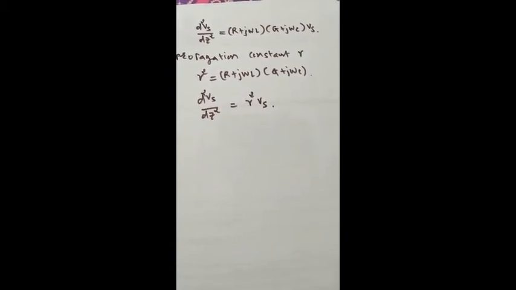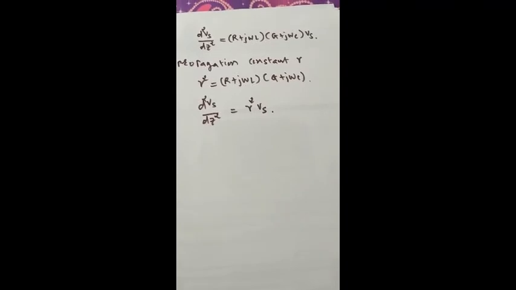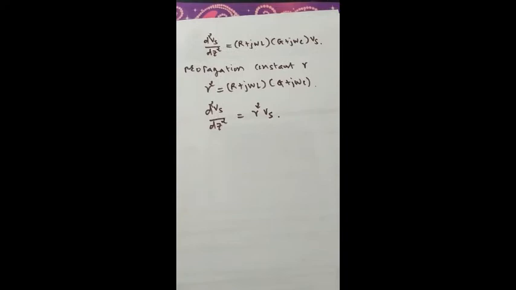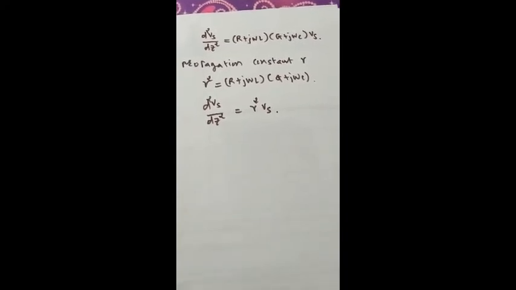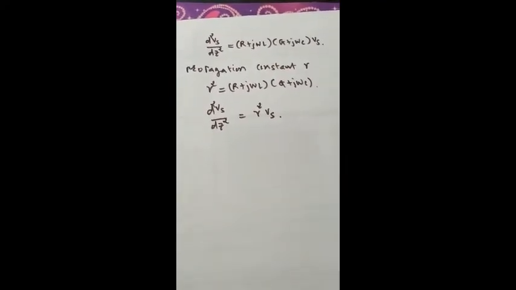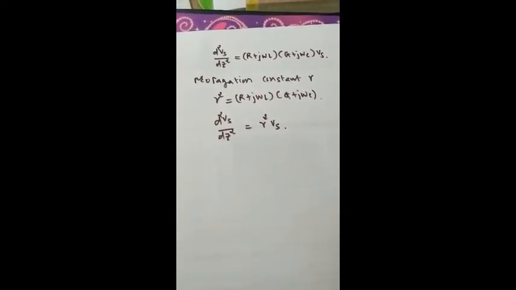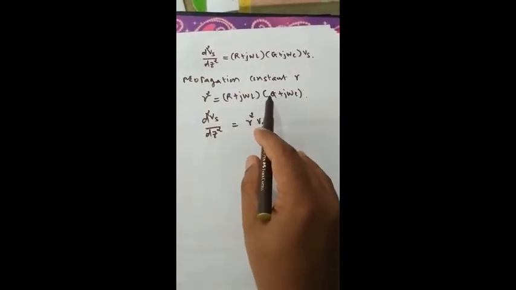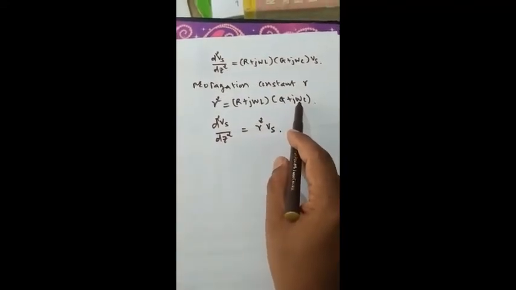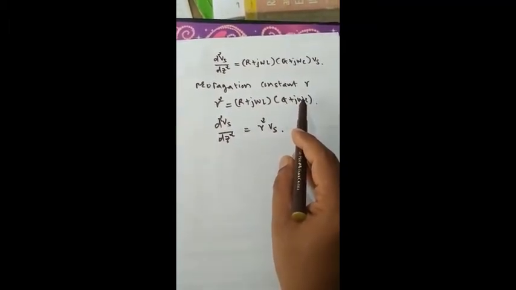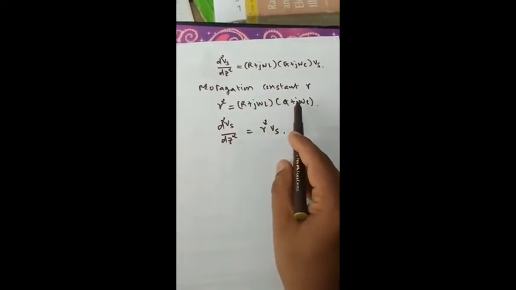As we now have the transmission line equations in terms of the phasor voltage, let us introduce one of the very important transmission line parameters. It is called the propagation constant, which is generally denoted as gamma. So here I have introduced gamma square equal to (R plus j omega L)(G plus j omega C). So now we can define the propagation constant gamma as nothing but the square root of this whole term.